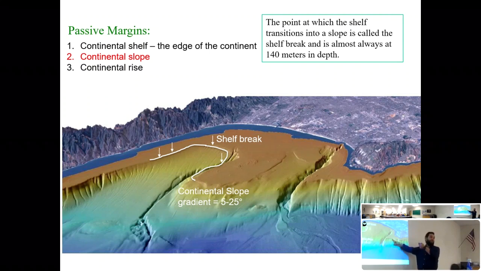Yeah, Eliana is saying it's 140 meters. So you're going from 140 meters, and how deep are the abyssal plains? 4,000 meters, right? So you all see how big of a dip that is. You're going down really not that far off the coast, you're going down very fast, all the way down to 4,000 meters.